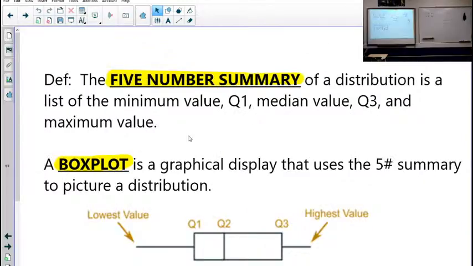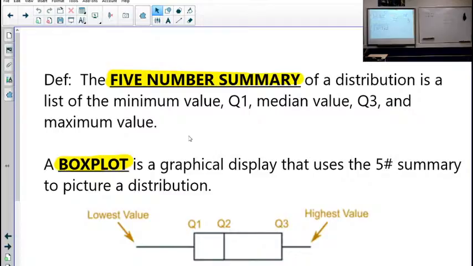What we do with these quartiles is we put the numbers into what's called a 5-number summary. A 5-number summary is kind of a quick glance of what the data looks like.